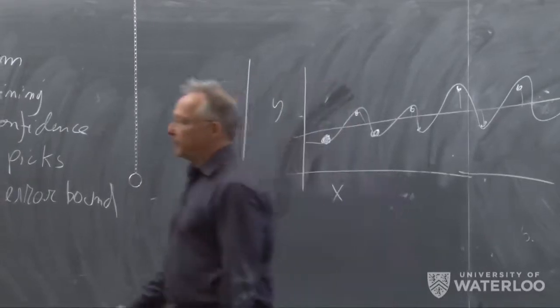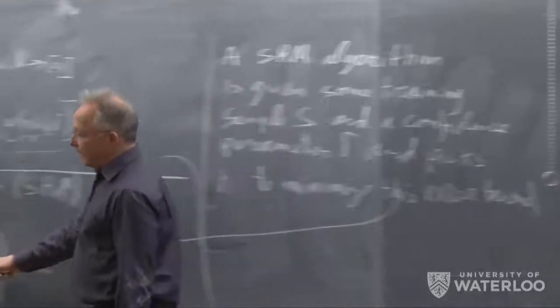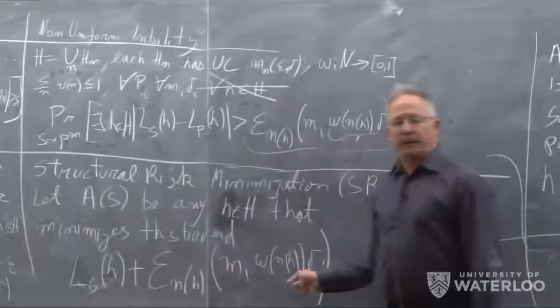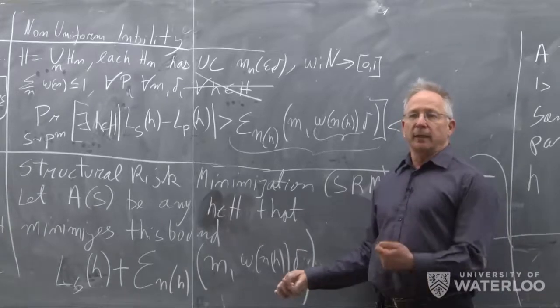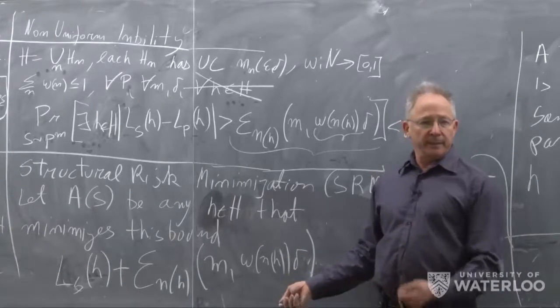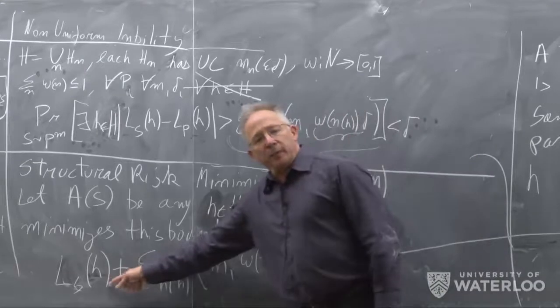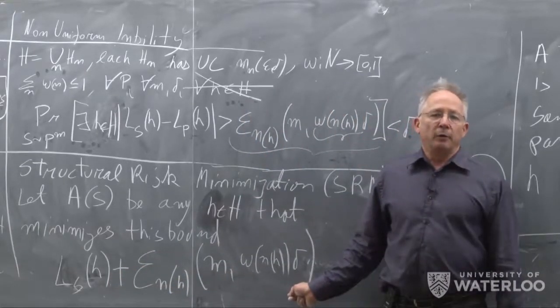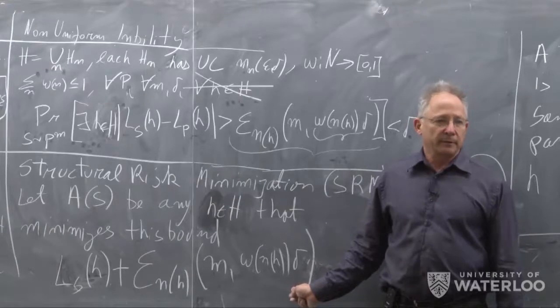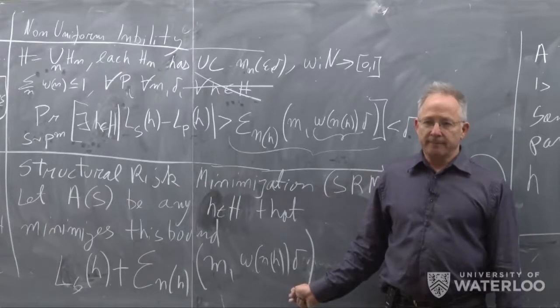And that's exactly what the SRM paradigm is suggesting in a very precise quantitative way. Minimize the sum of how well you explain the data plus a penalty for picking a complex assumption. Does it make sense?